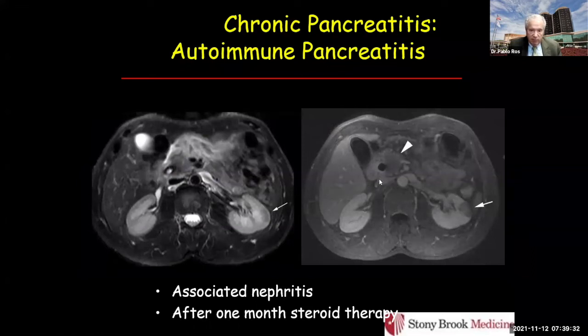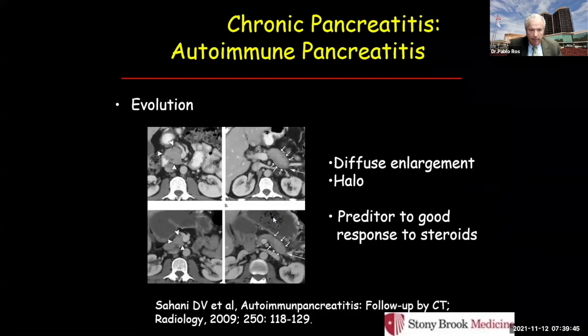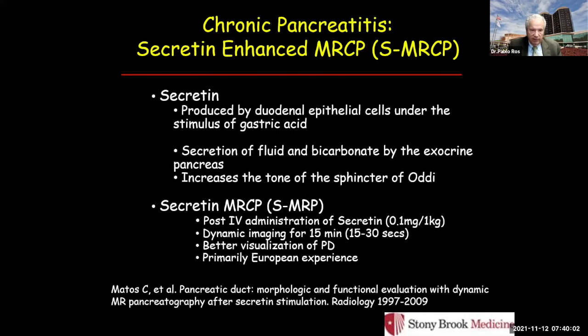You see here more autoimmune pancreatitis localized to the head with peripancreatic findings, and then after a month of therapy, the associated nephritis got resolved. The evolution is again the diffuse enlargement of the pancreas, the more formation of the halo, and again, the good response to steroids is a good predictor of the evolution of autoimmune pancreatitis.